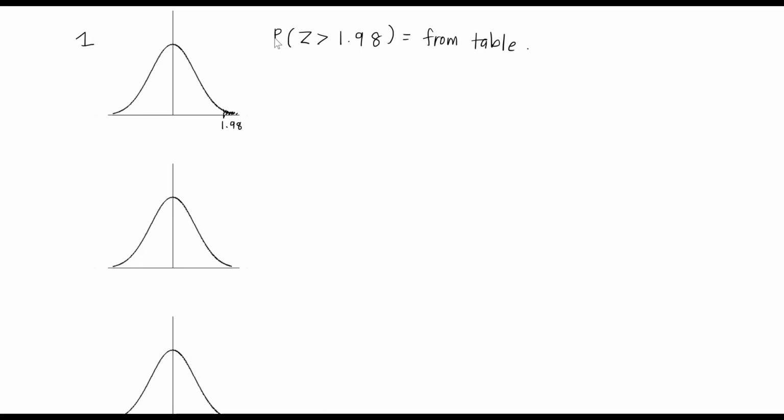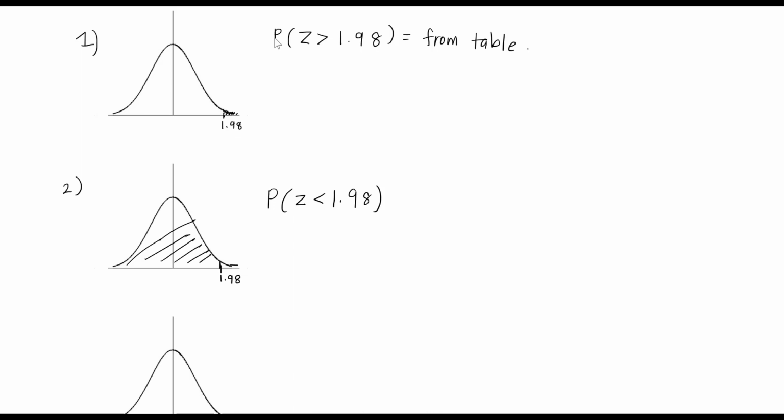Now what if you must get the probability when Z is less than 1.98? Let's say this is your 1.98. Now you are looking for Z less than 1.98, so you are looking for this area.